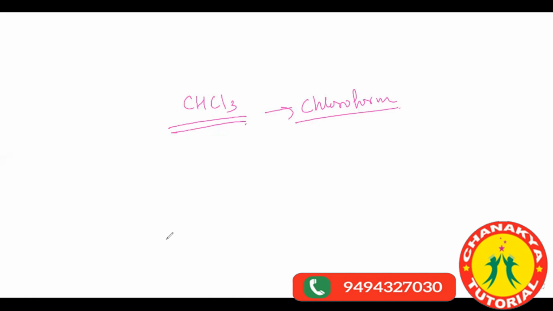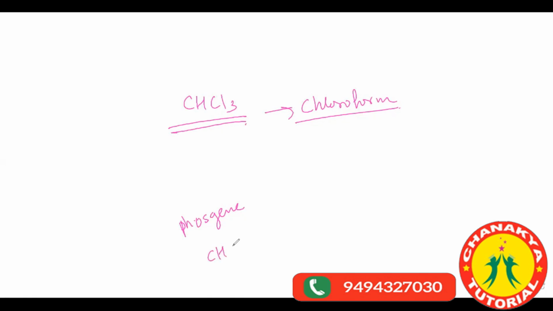Chloroform is slowly oxidized by air in the presence of light to an extremely poisonous gas, carbonyl chloride, also known as phosgene. How is it formed?